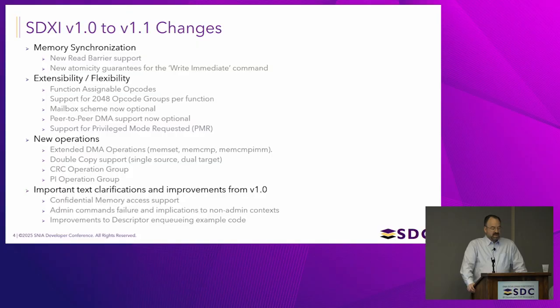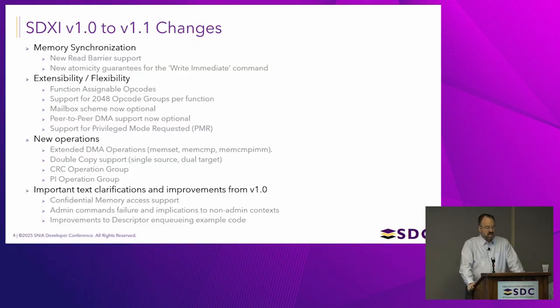There are a number of extensibility and flexibility improvements. Some of these improvements actually involved making certain features that were required in 1.0 optional in 1.1. For example, the need to support peer-to-peer operation has been relaxed, where hardware can opt into saying, actually, no, I'm DRAM only.